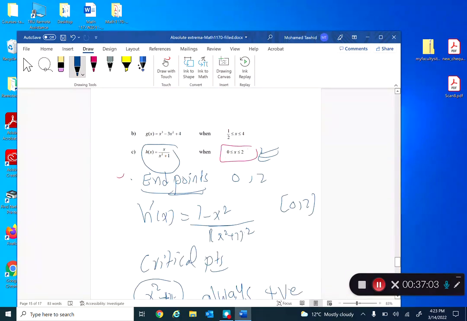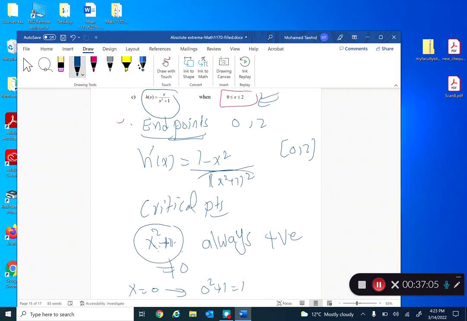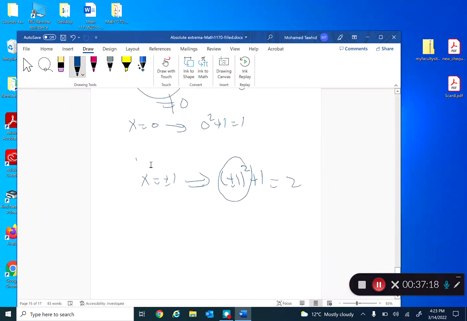Because of that, when I look at this term, I know it is positive and not equal to 0: x squared plus 1, the whole thing squared. You have to be careful here because you have x squared plus 1. But if you have x squared minus 1, could it be 0? Yes, it could be 0.